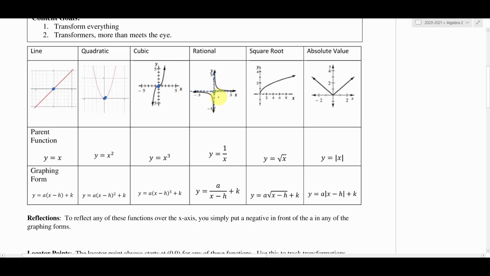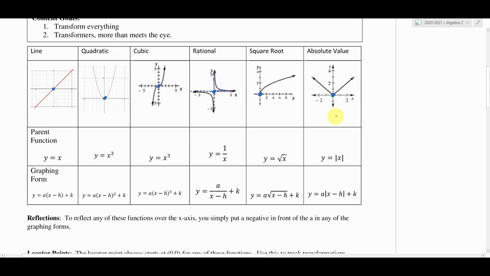If we encounter one that's been moved, we're going to look for the intersection of the asymptotes to figure out how it's been moved. The square root function, kind of hard to see here, does terminate at 0, 0, and that is the locator point. That minimum of the square root function is the locator point. And for the absolute value function, much like the quadratic, it's at the vertex of the v.